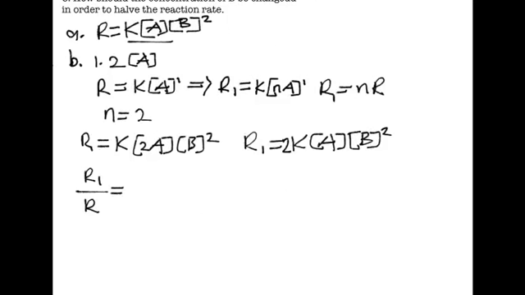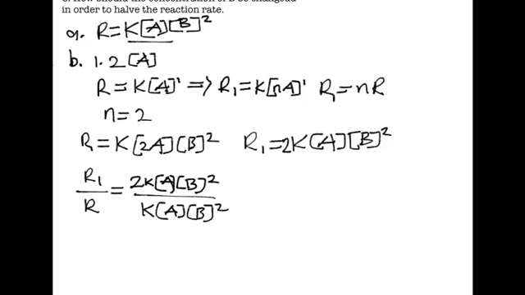This will be equal to 2K[A][B] squared, all divided by K[A][B] squared. So what is going to happen?